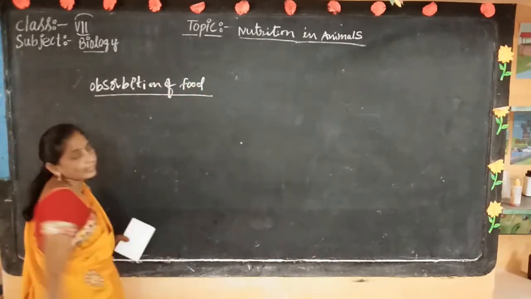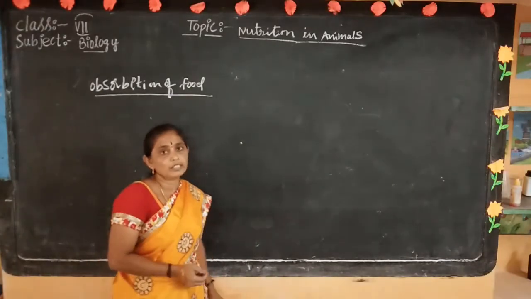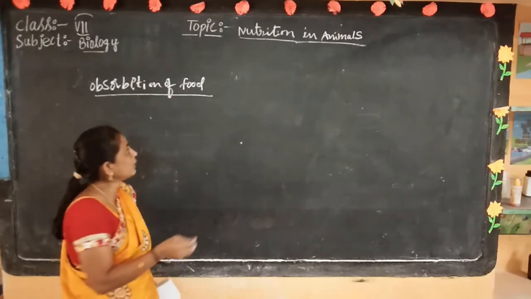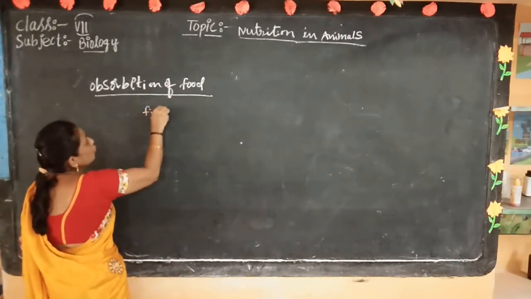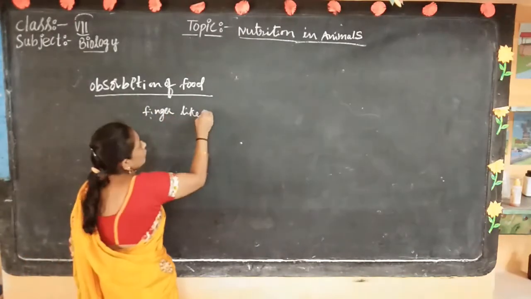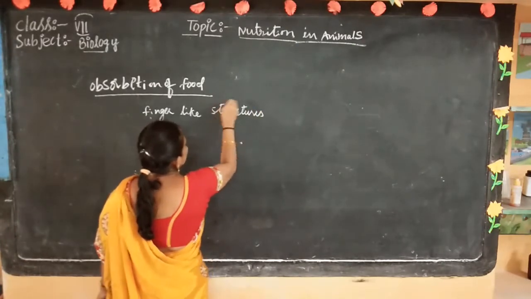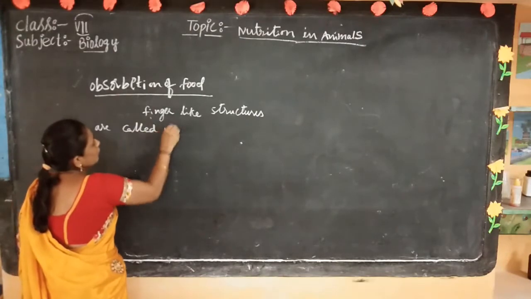Once digestion of food materials is completed in the small intestine, there are small finger-like structures in the small intestine called villi.